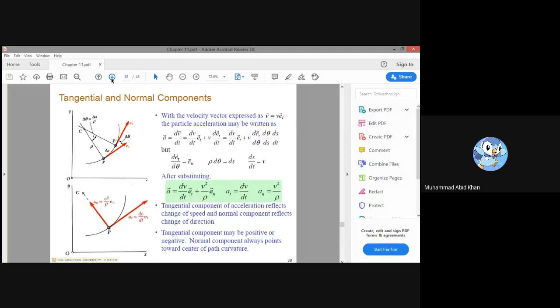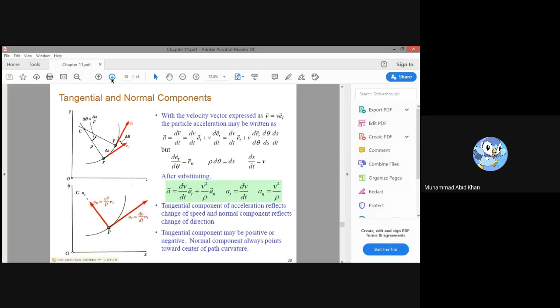Tangential and normal component with the velocity expressed as v equal to v times e_t. The particle acceleration may be written as the equation here.